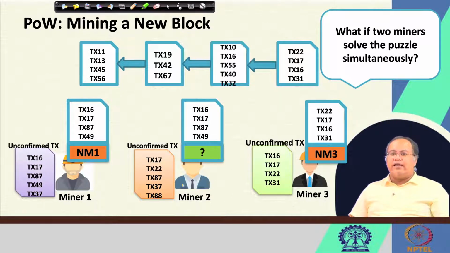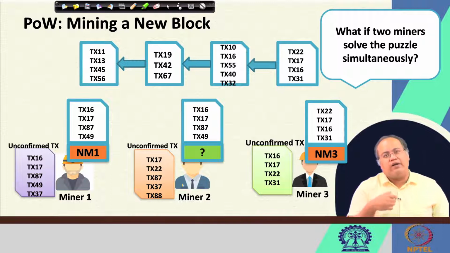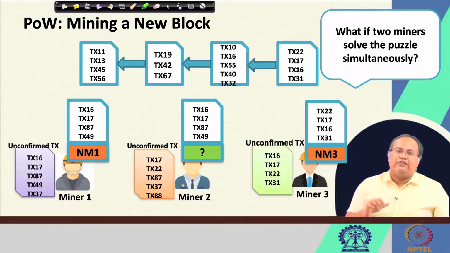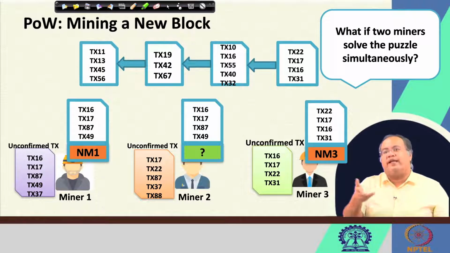Ideally, whenever a miner finds a solution, the miner uses gossip to broadcast that solution to the entire blockchain network, and eventually the other miners receive that solution, stop the mining procedure and start with the next block.